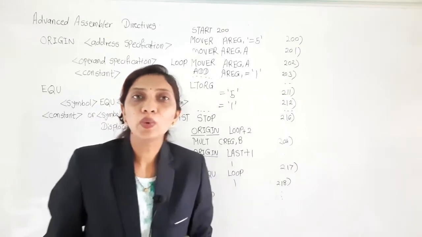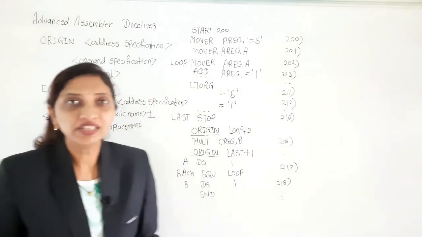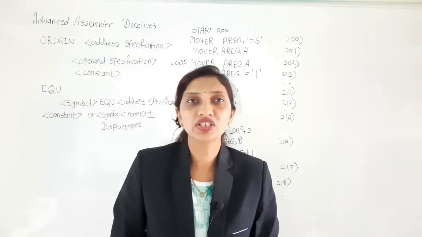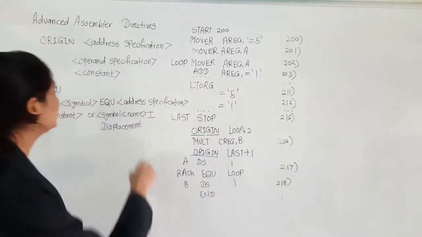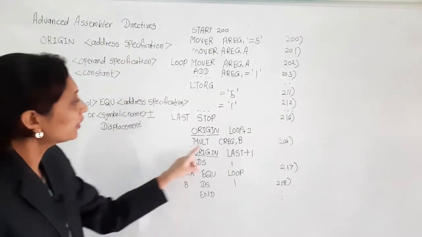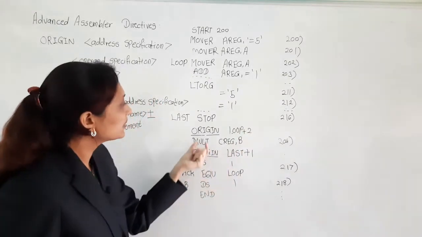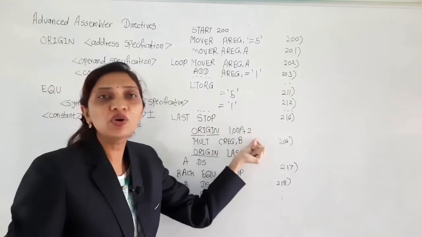In this way the ORIGIN assembler directive is used to change the address in the location counter, and the syntax is ORIGIN and then you can specify the address. You can specify ORIGIN LOOP plus 2, or you can specify directly ORIGIN 204.